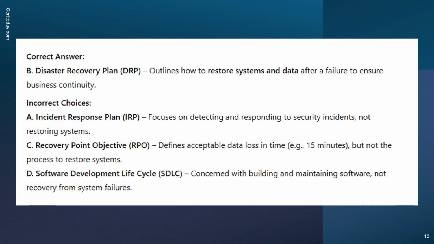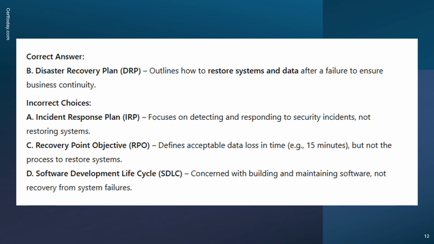The correct answer here is B, Disaster Recovery Plan, or DRP, which outlines how to restore systems and data after a failure to ensure business continuity.